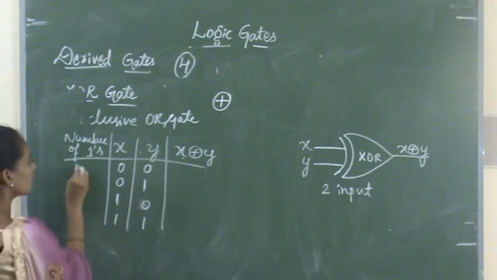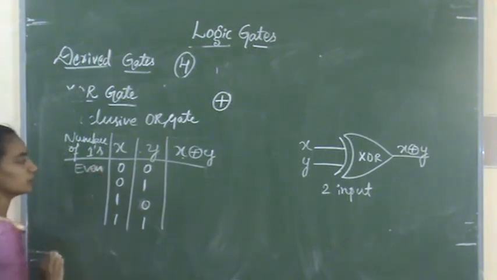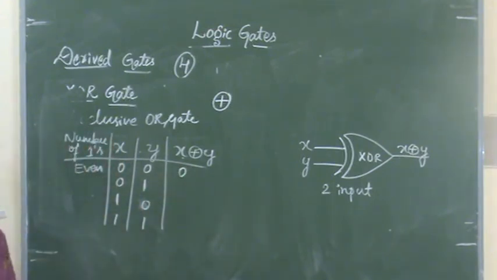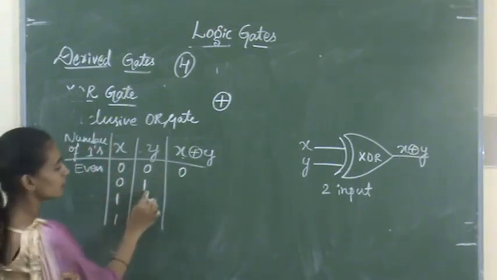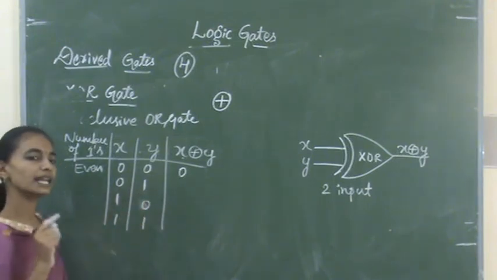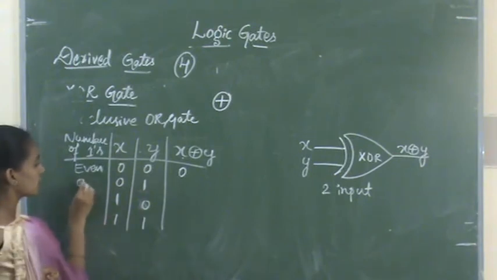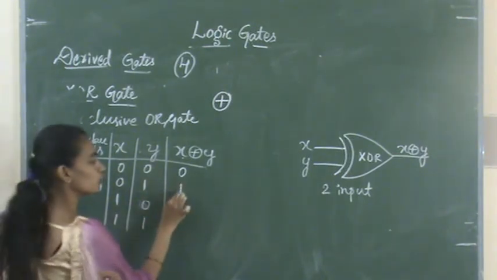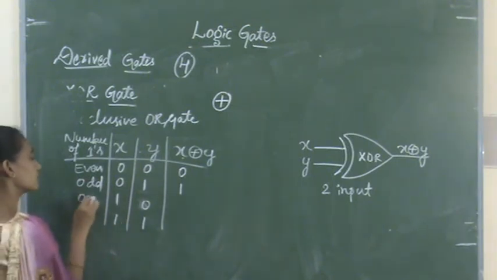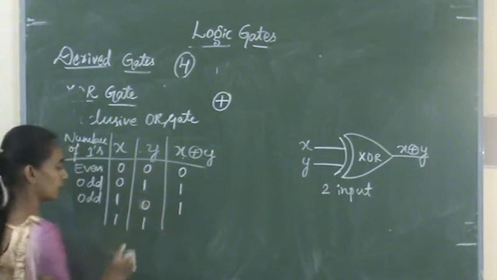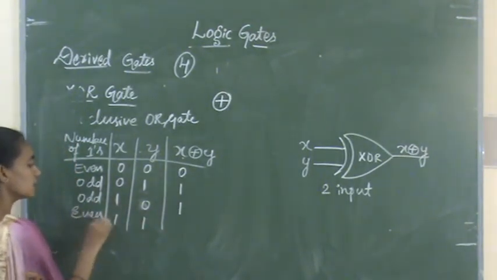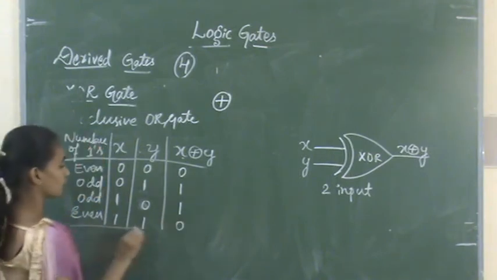Even, so we have an even number of ones, which means the output is 0. Here we have 1. How many ones are there? Only 1. Is 1 even or odd? It is odd, so the output is 1. Here also we have only 1, that is odd, so the output is 1. Here we have 2 ones. 2 is an even number, so the output is 0.